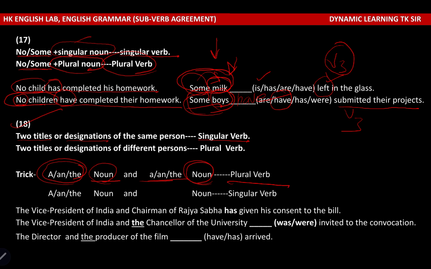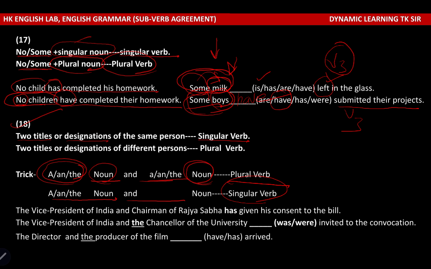But in your first example, what I said, the vice principal, means I have used the before the first noun, and chemistry teacher. But when I said chemistry teacher, before that I haven't used any a or the, means it is one person having two designations. If you are not using any a or the before the second noun, means one person has two designations here and will receive the singular verb.